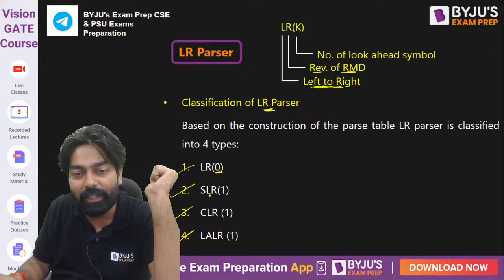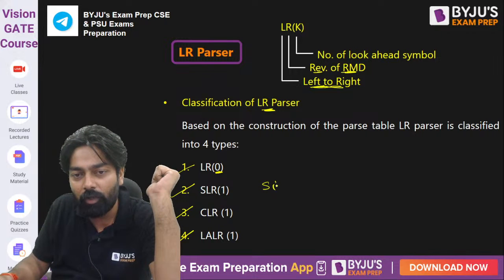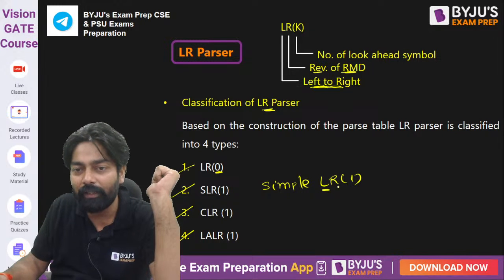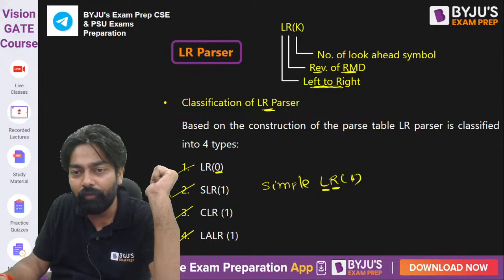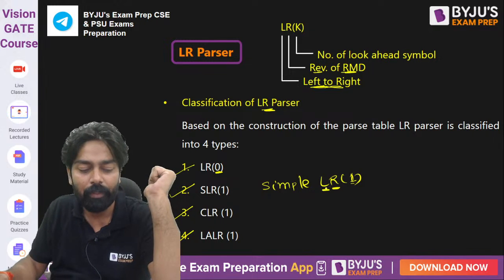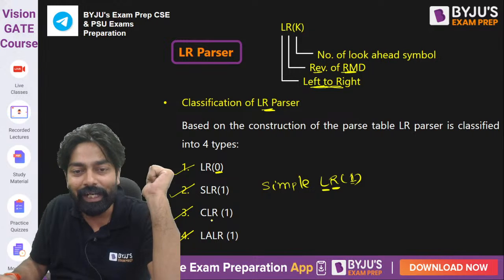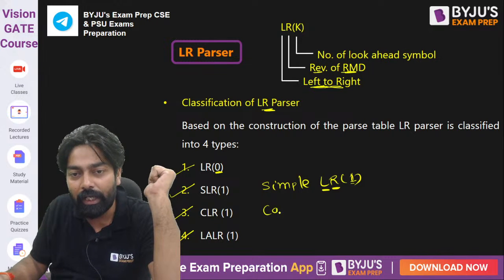What is SLR1? Simple LR1. The meaning of L is the same, left to right, and the meaning of R is also the same, reverse of rightmost derivation. And 1 means it will read one input at a time. Now CLR1 means canonical LR1.